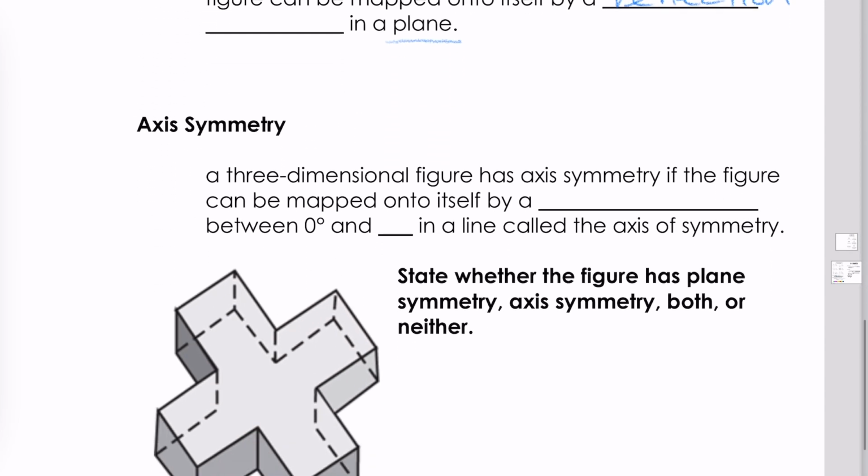Axis symmetry is if the figure can be mapped onto itself by a rotation between 0 and 360 degrees, and that's on a line called the axis of symmetry. This is a three-dimensional version of rotational symmetry. You're rotating an entire 3D figure and shape.